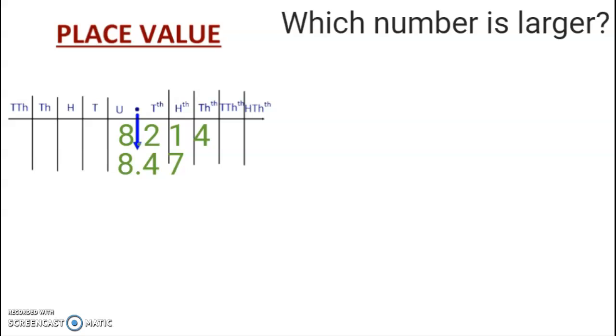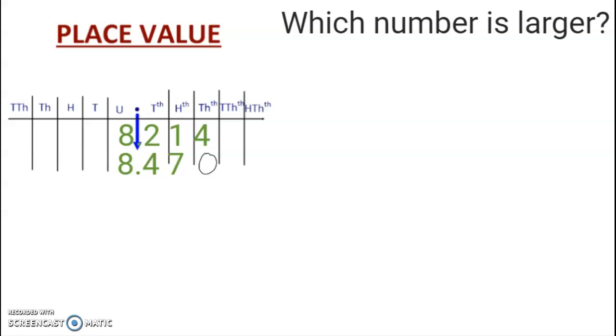And I'm going to put a 0 on the end of this number so that the two numbers are now the same length. I haven't changed the number by putting a 0 on the end because it's after the decimal point. But I've now made my two numbers the same length so that I can compare them. So what's bigger, 8214 or 8470? Yes, 8470 is larger.